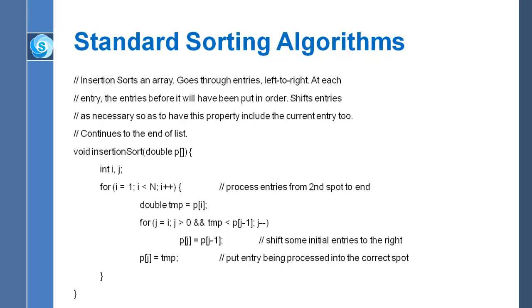Why is that? Because we're only going to be doing this if temp is less than P[4]. So that means what's in P[5] is less than P[4]. That must mean that P[4] is the biggest of all the entries that we've seen so far, because P[4] is at least as big as everything before it.